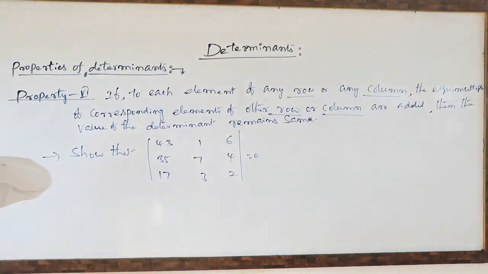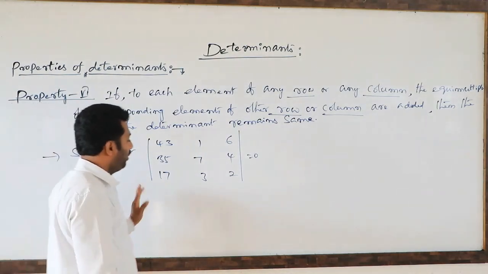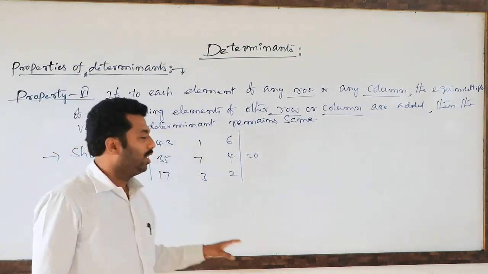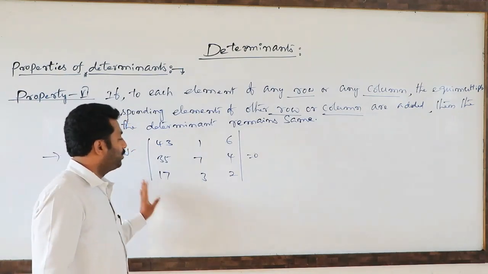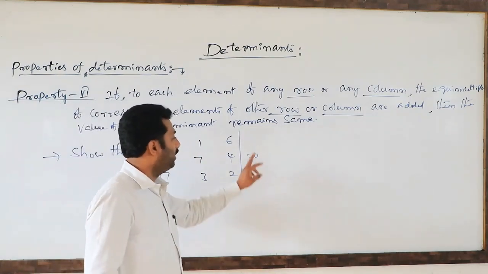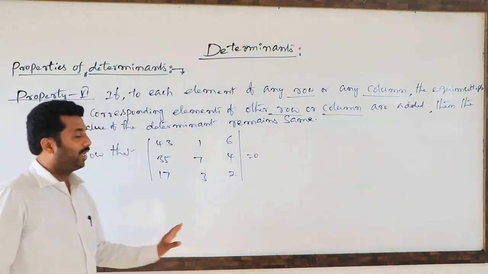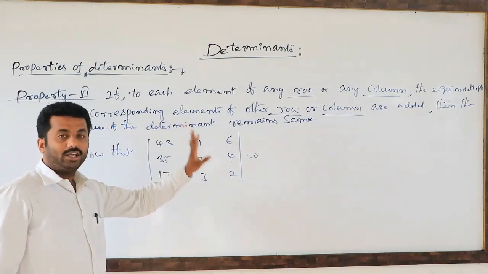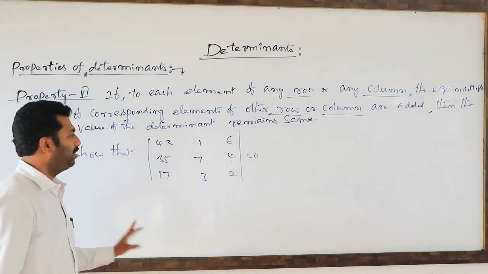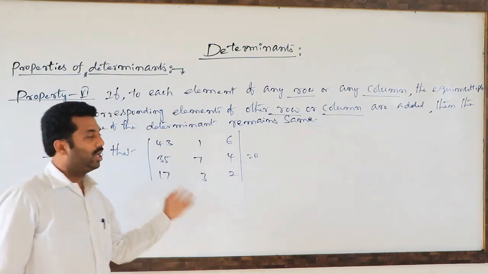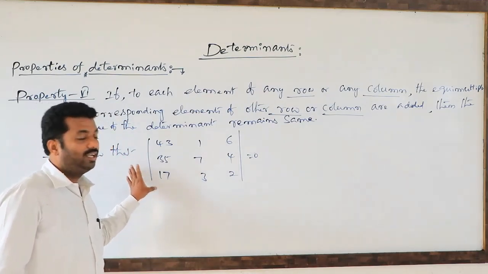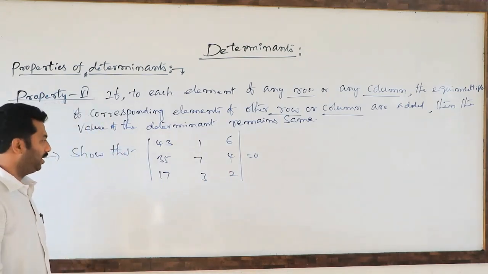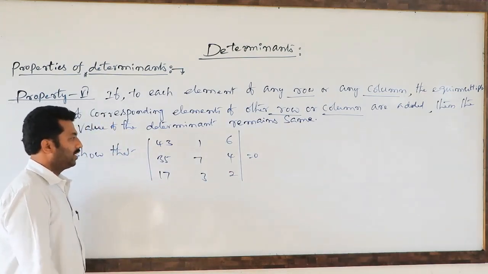Remember, from the entrance point of view, if a determinant appears in the examination and you don't know how to solve it, try to pick the option 0. Maximum 90% of such numerical determinants will have the answer 0. So we'll see how to answer this one.